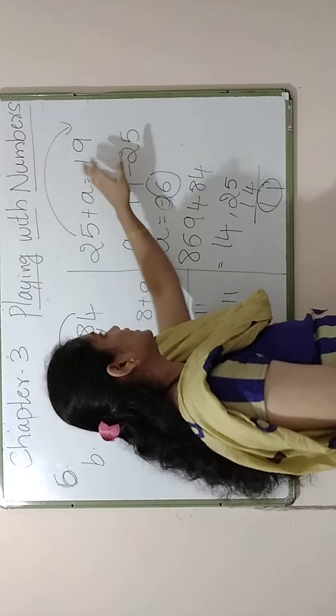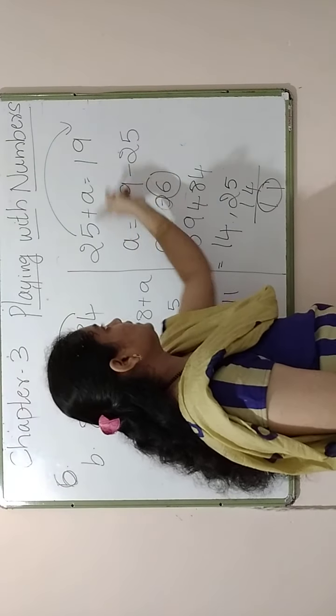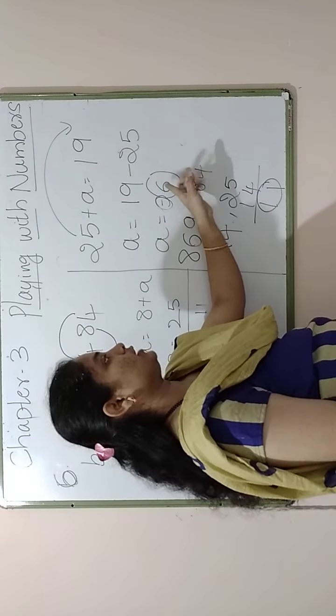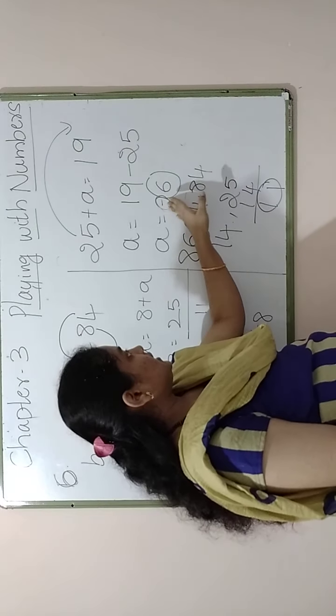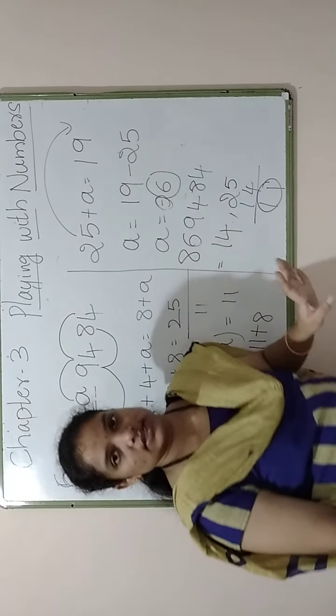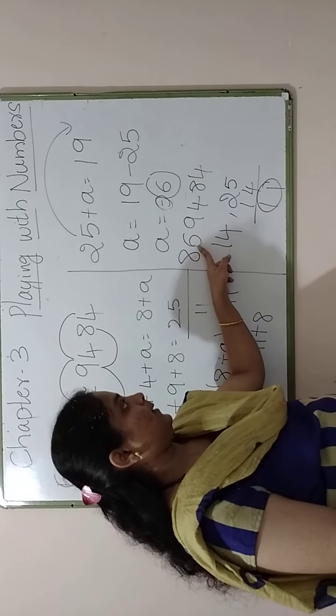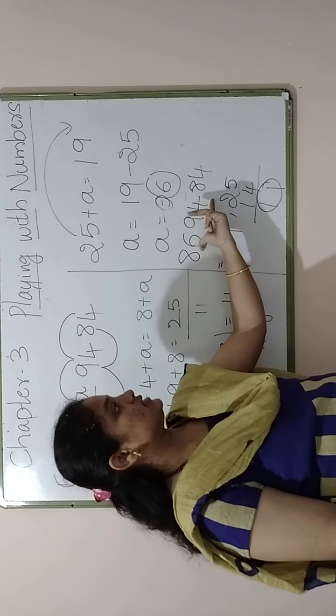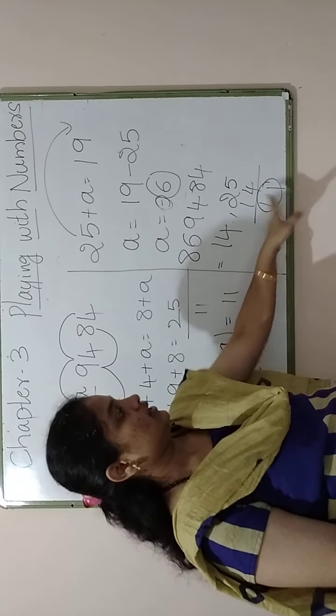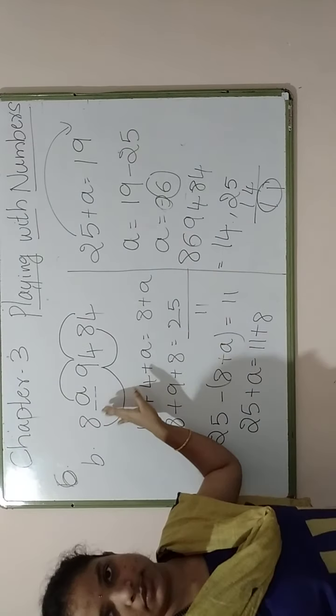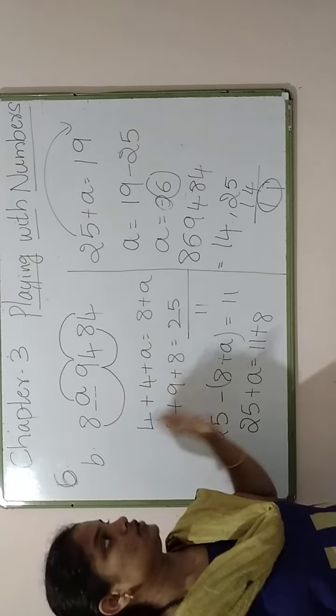So when we got 19, a is equal to 19 minus 25, that is 6. Okay, don't consider the sign. We got minus 6 but don't consider it. So the a value is 6. So when we substitute 6 here, the difference between even places and odd places is 11, and hence this number is divisible by 11. Okay, so practice all this.